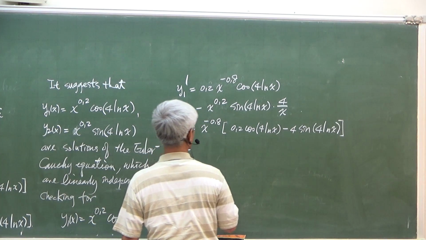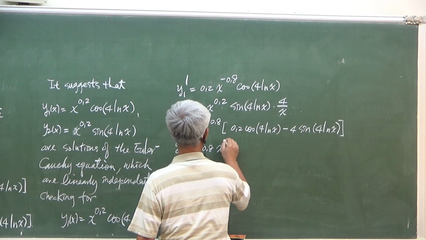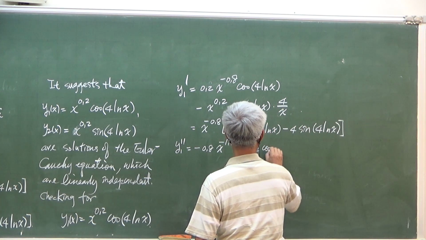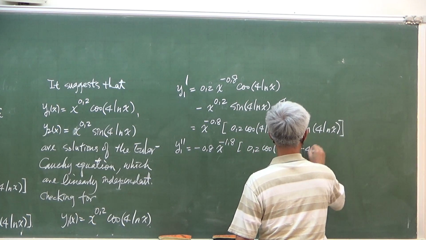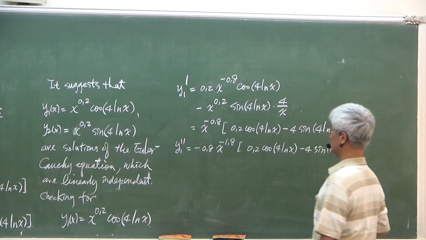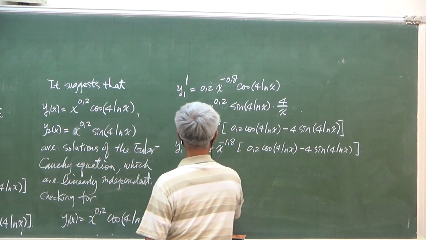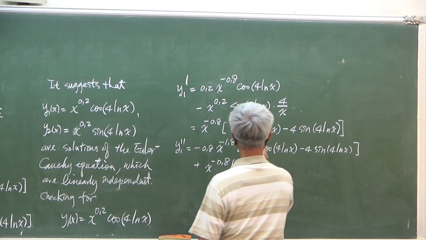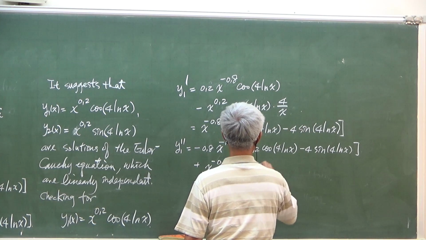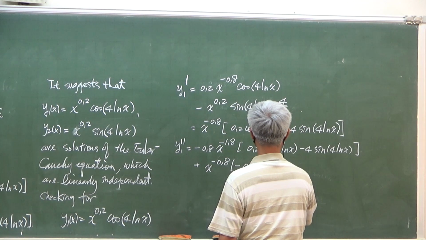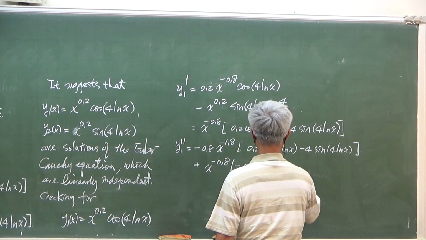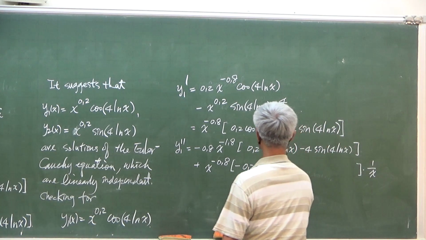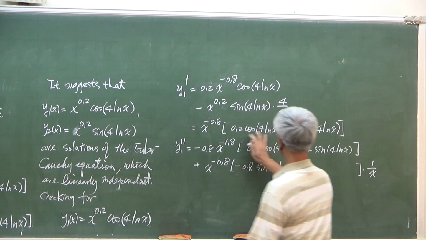Now for the double prime, we have x to the minus 1.8, and here some terms, plus 8 sine, and for this one we have minus 0.2 times 4 sine, and the derivative is 4, multiplied with 4, so this is 0.8.